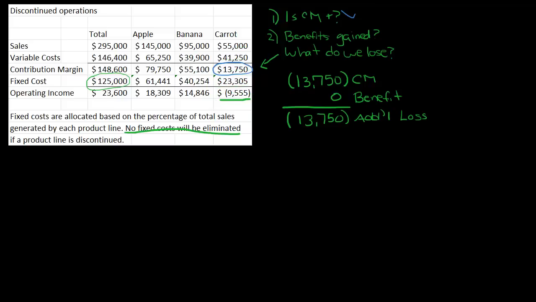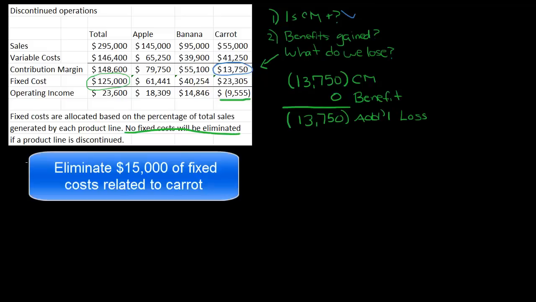Let's change the facts. Let's say that instead of no fixed costs will be eliminated if a product is discontinued, let's imagine that we could eliminate $15,000 of fixed costs associated with carrot. So now let's do our analysis again. So I'm giving up my contribution margin, but I can eliminate $15,000 in fixed costs, so I'm gaining that benefit.